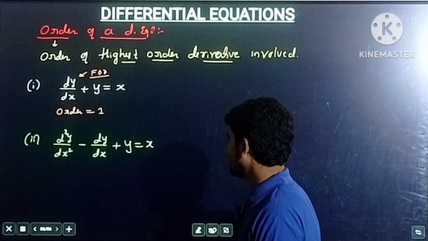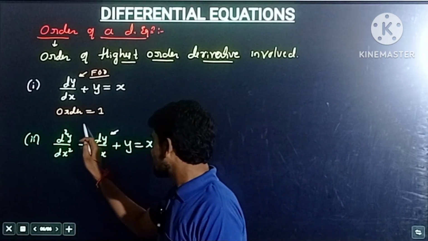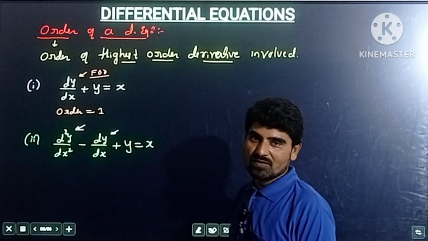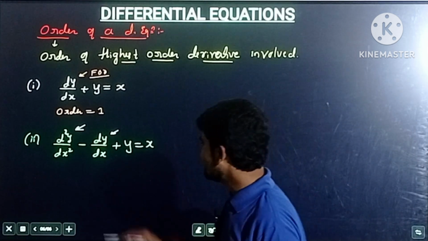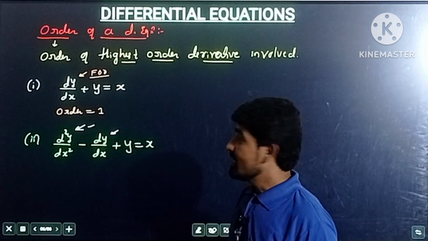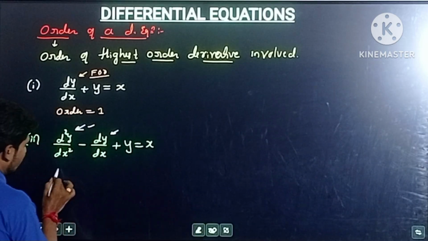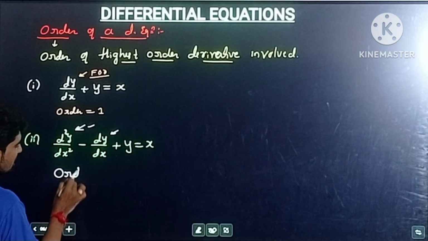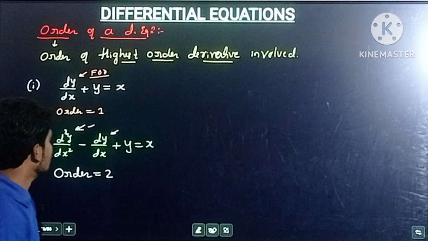In this differential equation, the first order derivative as well as the second order derivative is involved. Among these two derivatives, the highest order derivative is the second order derivative. Therefore, the order of this second differential equation is 2. I hope all of you are understanding.